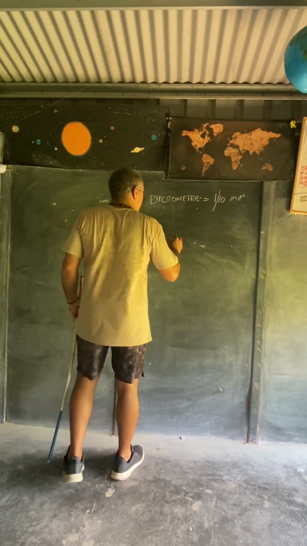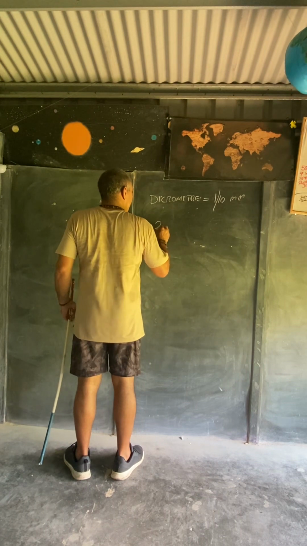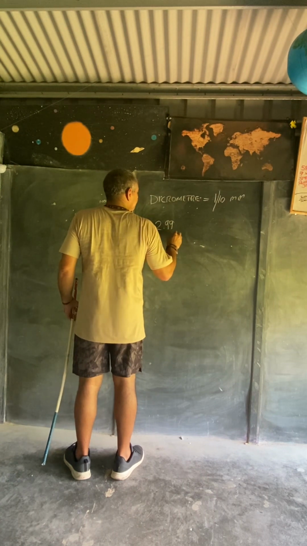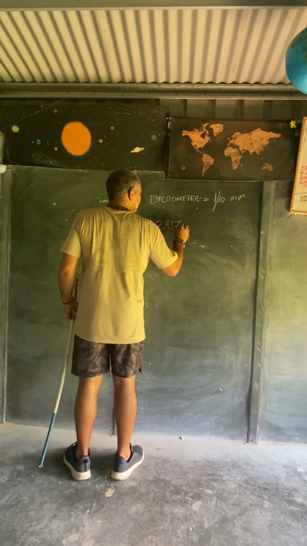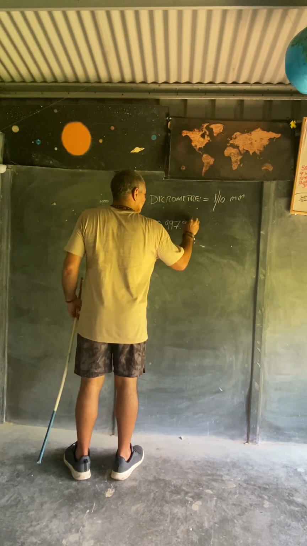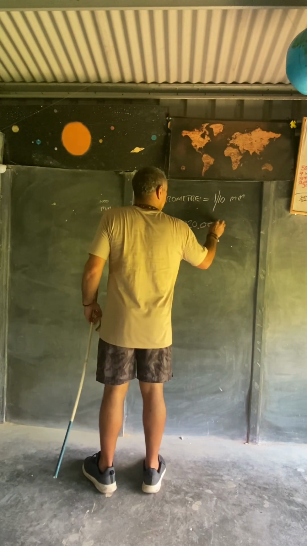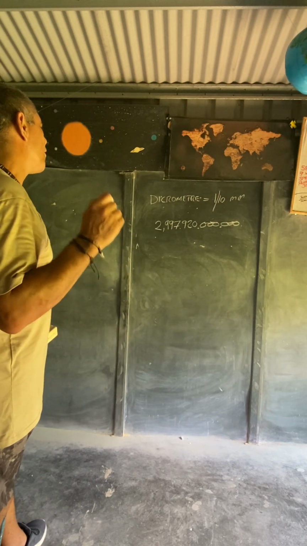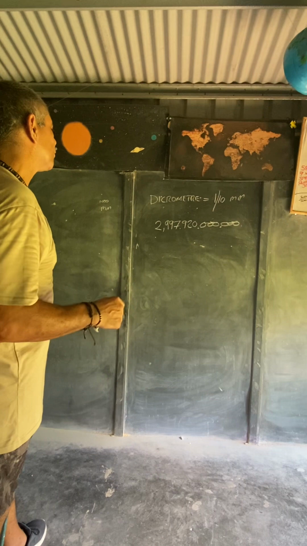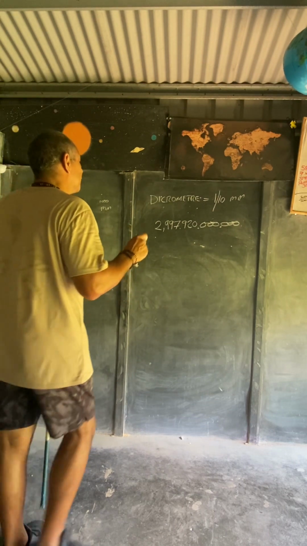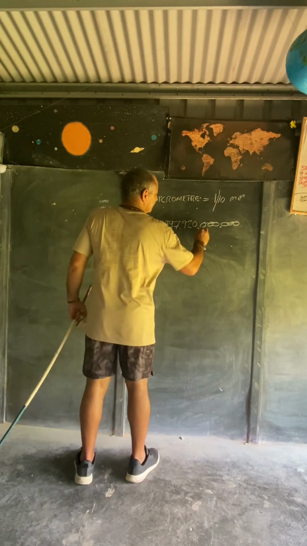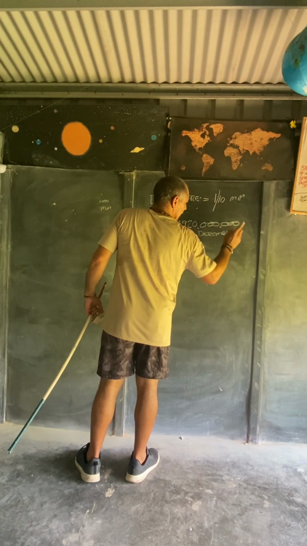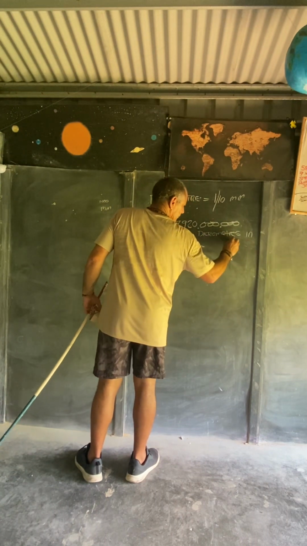So, there are 2,997,920,000,000 dimicrometers in that 1 second.